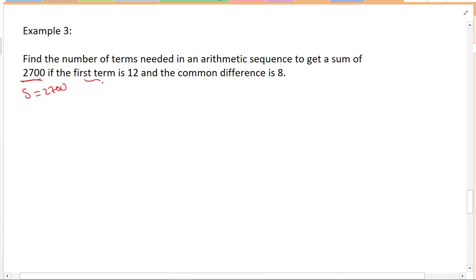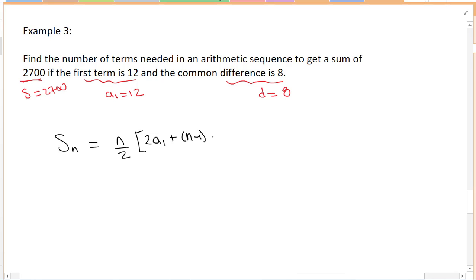We're given the first term, so a1 is 12. And we're given the common difference, d is 8. So using the formula S sub n is equal to n over 2 times 2a1 plus n minus 1 times d, we can try to solve this.